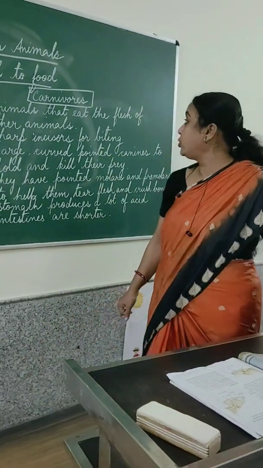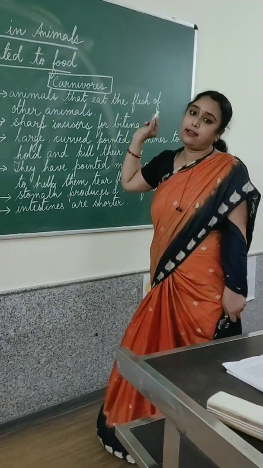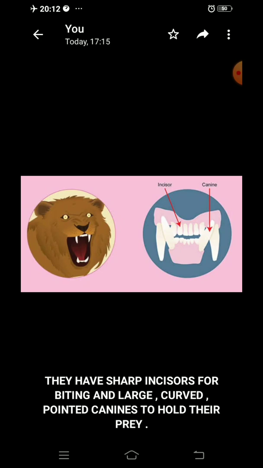Now children, I will show you some pictures related to carnivorous animals. Carnivores are animals that eat flesh of other animals. They have sharp incisors for biting and large curved pointed canines to hold their prey.